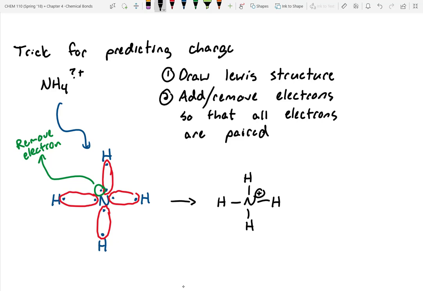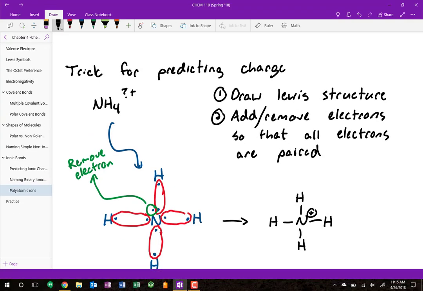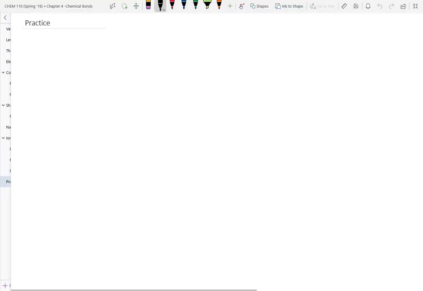All right, let's do a little bit of a flow chart. I like just making a simple flow chart for studying. And the first thing I always ask is my compound ionic or covalent?